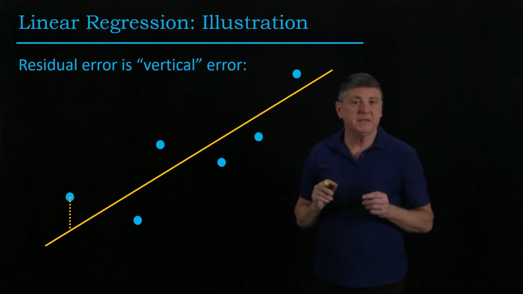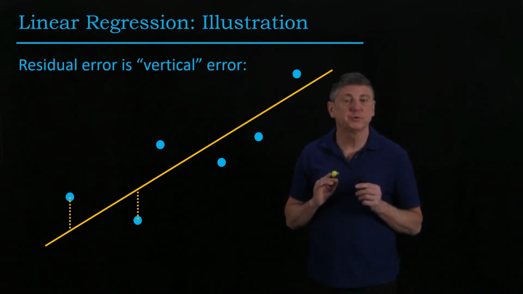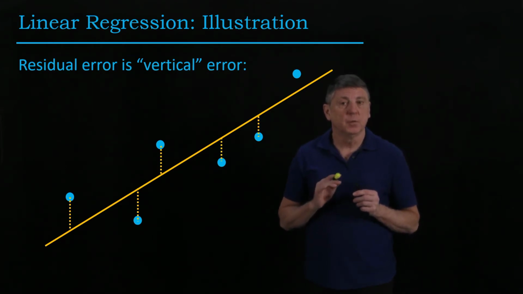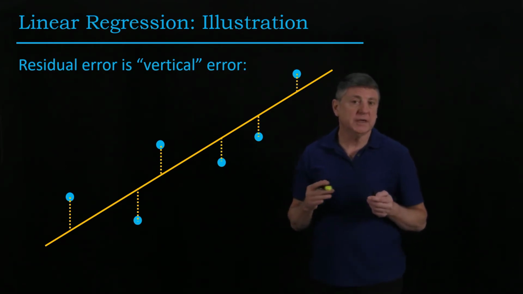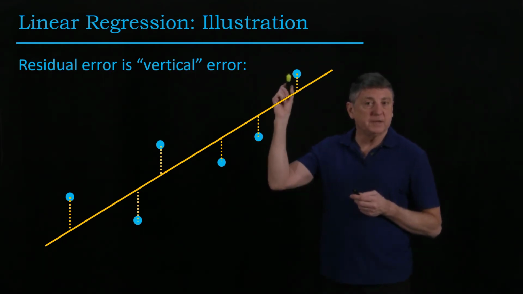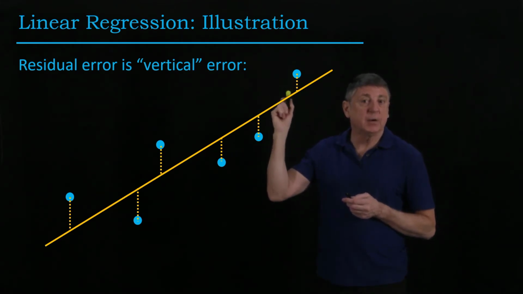So what that means is that what we're doing is calculating what some people refer to as the vertical error. So for each data point, we're calculating the error between the dependent observation and our model.